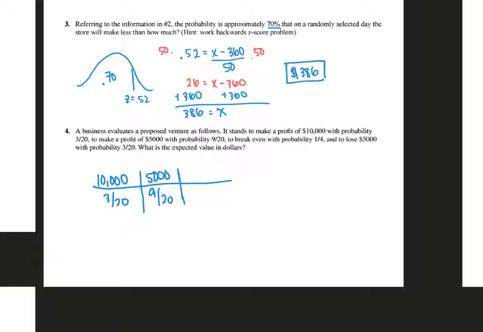It says break even, which means they make $0, with a probability of 1/4. And then lastly, lose 5,000 with a probability of 3 over 20. So to calculate the expected value, we have to multiply the profit times the probability and add them all together.